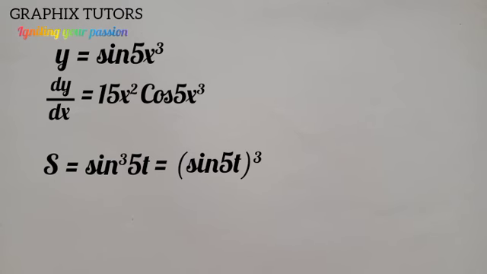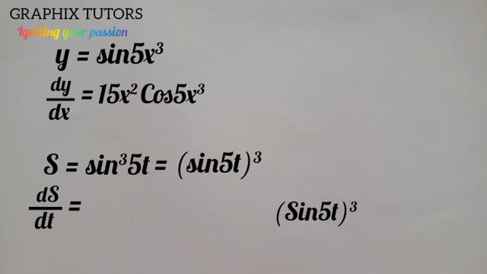Now, if I want to differentiate sine 5t all cubed, I'll put dx over dt equals. Let's go to one corner and analyze that. We're using what's called the power rule. The 3 on the top will come in front of the sine 5t, then because it has come down, we subtract 1 from it.